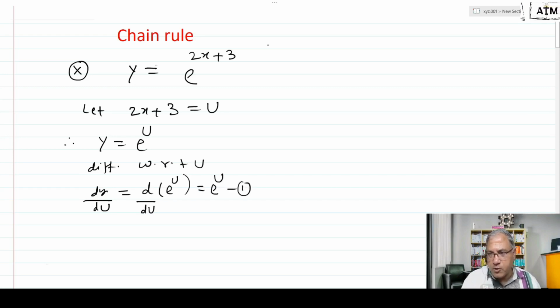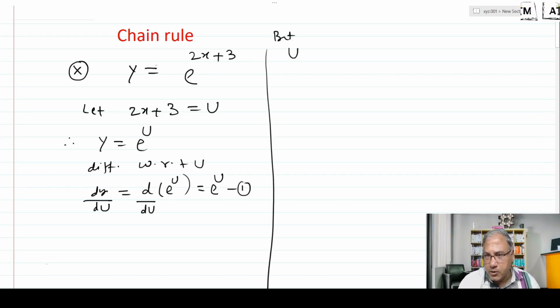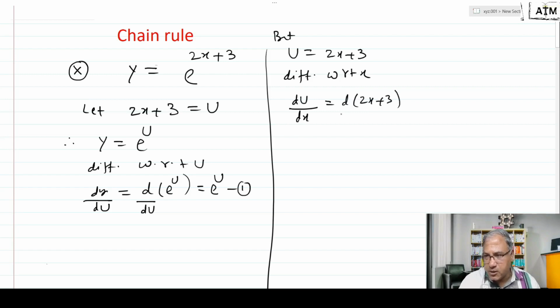Call it equation number 1. But u equals 2x plus 3. Differentiating with respect to x, du by dx equals the differentiation of 2x plus 3 with respect to x, which equals 2. This is equation number 2.